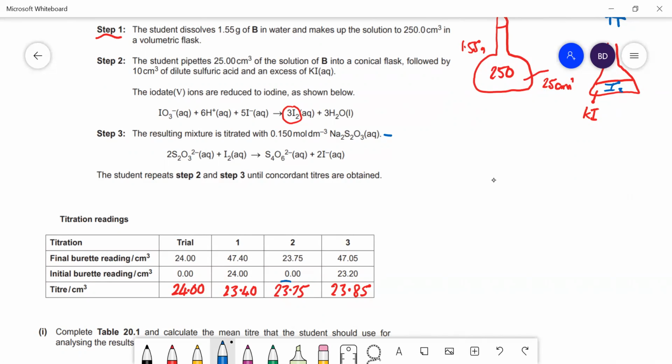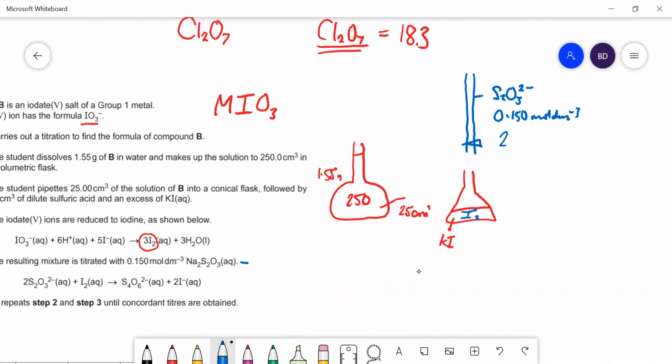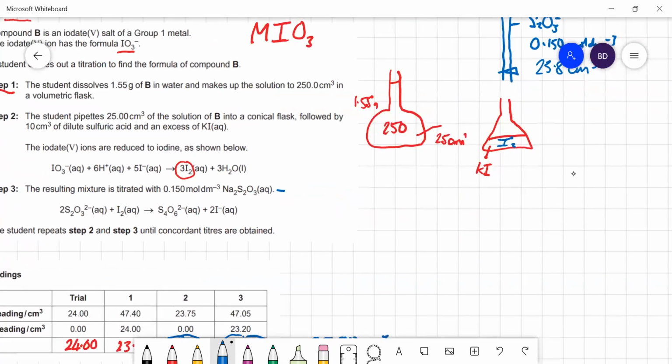So the only 2 concordant titers are these 2, runs 2 and 3. And if you take an average of those, it's going to be 23.80 centimeters cubed. That's our average titer. And I'll put that in there, 23.8 centimeters cubed.